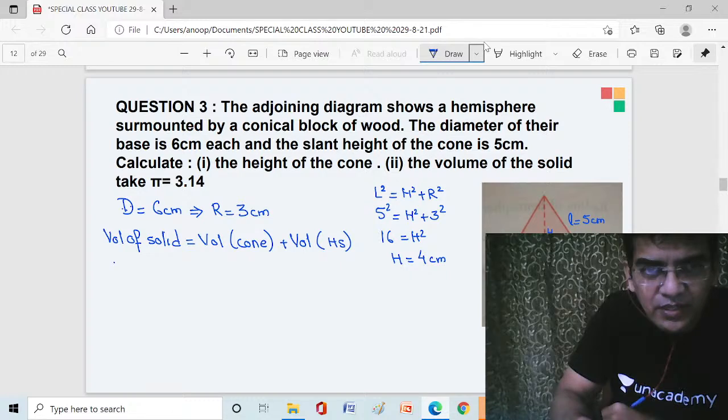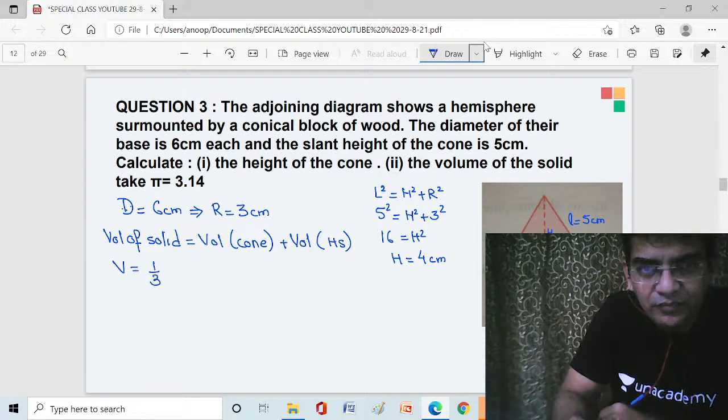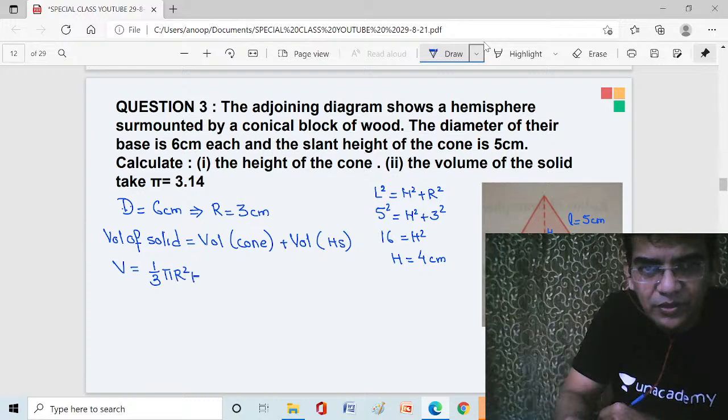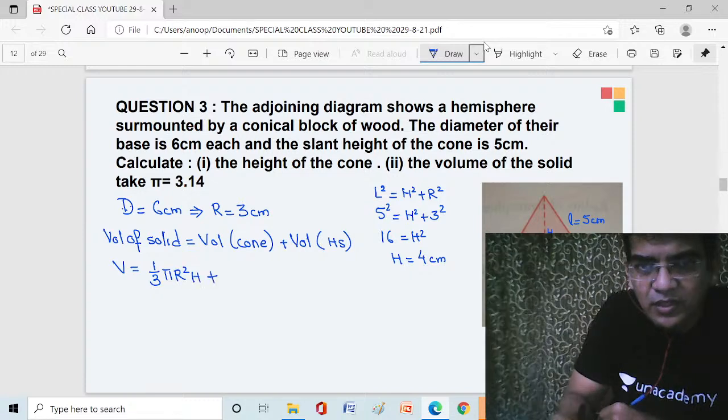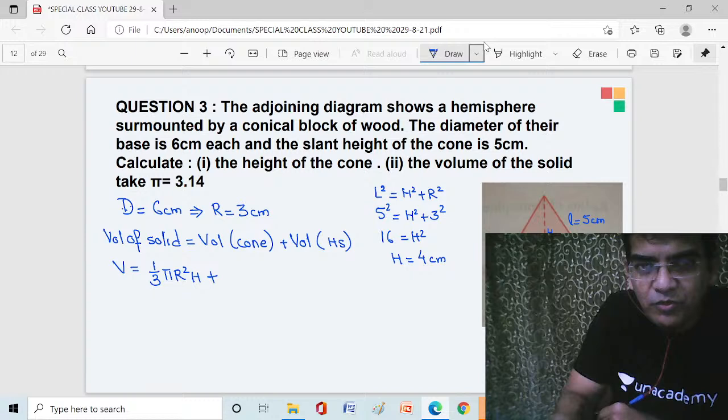Okay, now let us substitute the formula. For the volume of the conical portion, we have the formula 1 upon 3 pi r square h, plus the volume of the hemispherical portion, we have the formula 2 by 3 pi r cube. This is the formula.